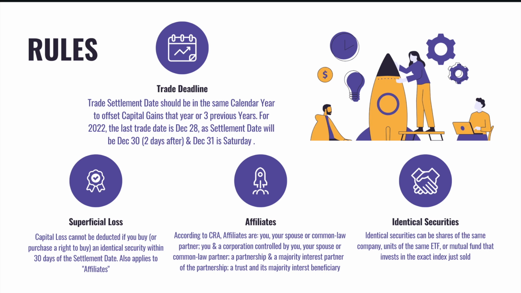According to CRA, the affiliates are yourself, your spouse or common law partner, you and a corporation controlled by you, your spouse or common law partner, a partnership and a majority interest partner of the partnership, a trust and its majority interest beneficiary. The identical securities can be shares of the same company, units of the same ETF, or mutual fund that invest in the exact index just sold.